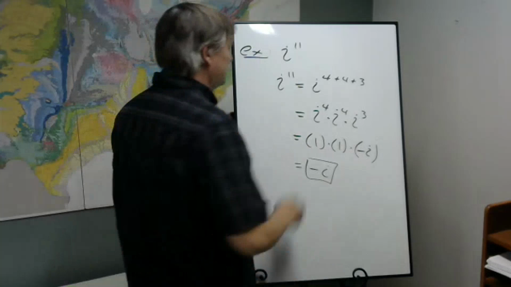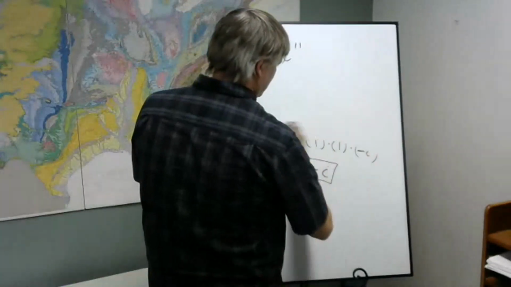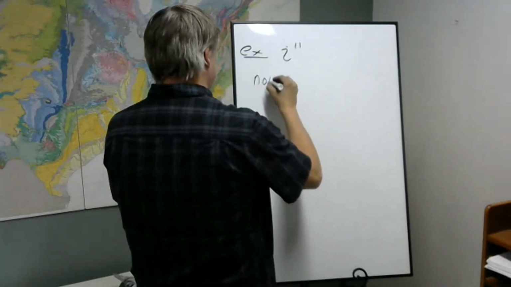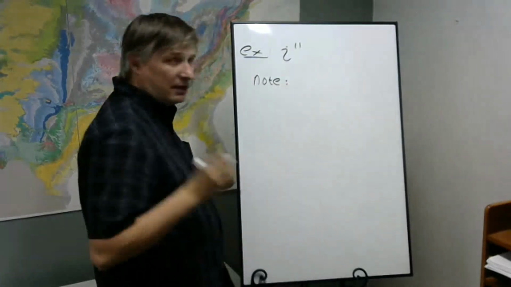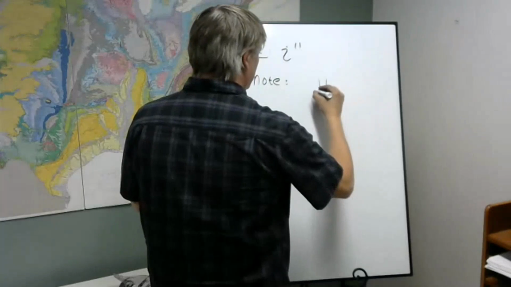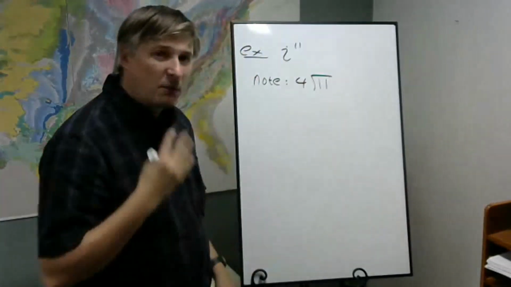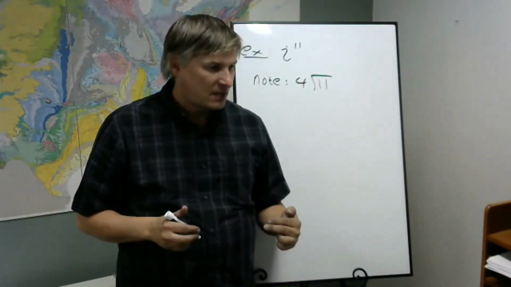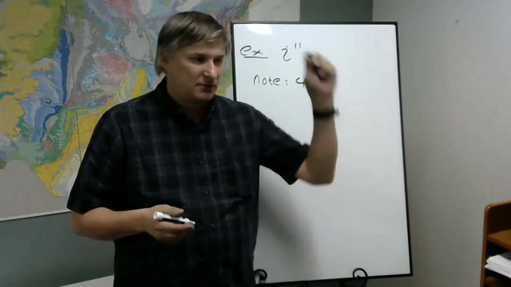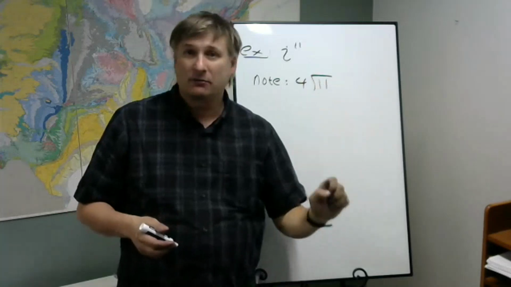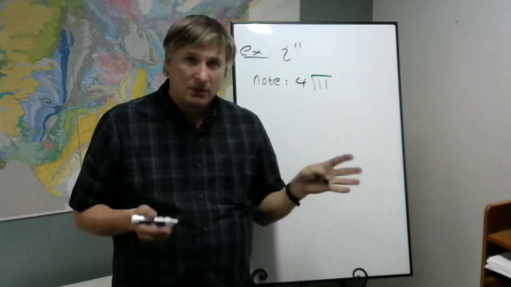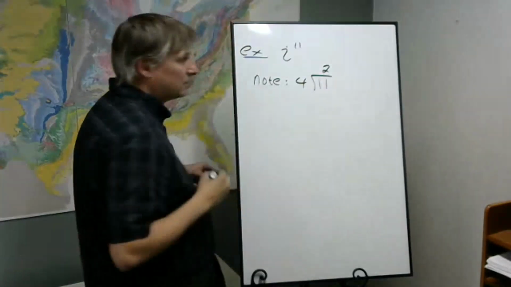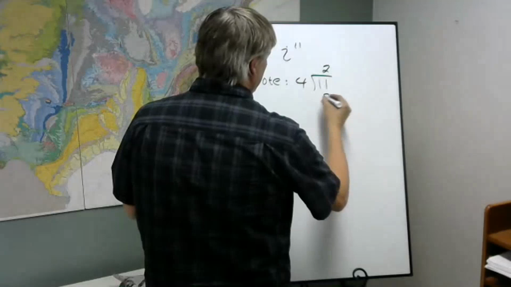Now, there's another way of doing this. Note, if we take 11 and we divide it by 4, now why 4? Well, there are 4 elements in the cycle. There's I to the 1, I to the 2, I to the 3, I to the 4. So let's divide by that number 4. Well, this goes in at most 2 times. 2 times 4 is 8.